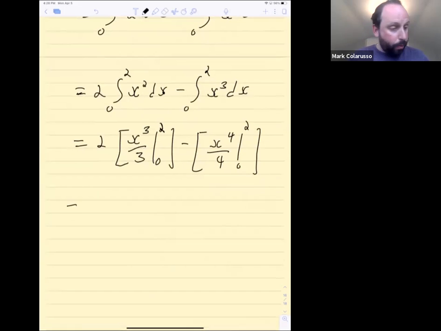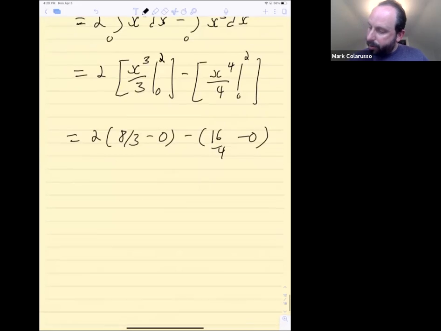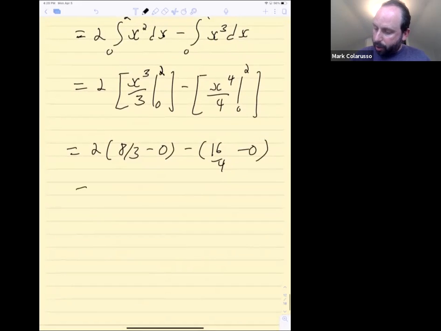And now we've got to do some algebra. So you get 2 times 8 over 3 minus 0, minus, and watch the minus here, 16 over 4 minus 0. So this is 16 over 3 minus 4.